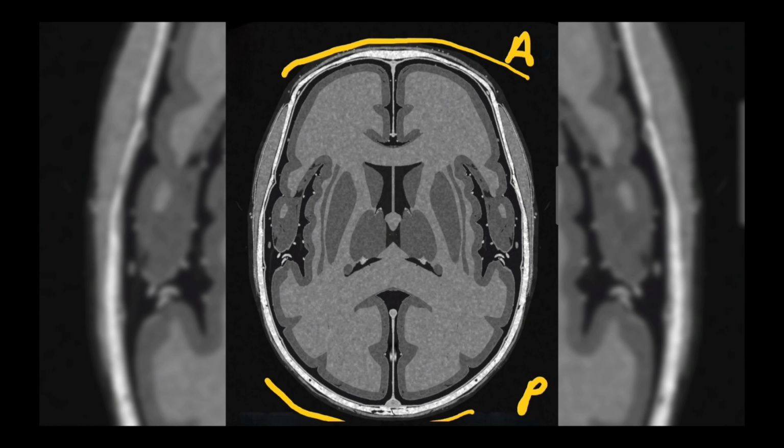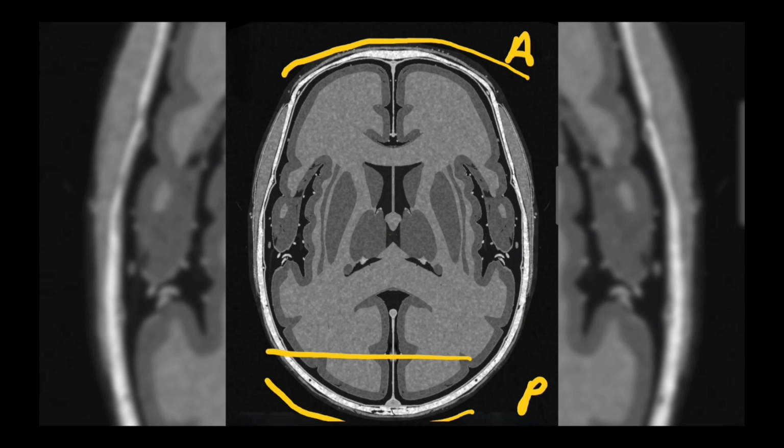So the cerebral region is anterior while the occipital region and the cerebellum are posterior. Before interpreting any CT brain, always establish two directions, right-left and anterior-posterior. Once your orientation is correct, the anatomical identification becomes much easier.